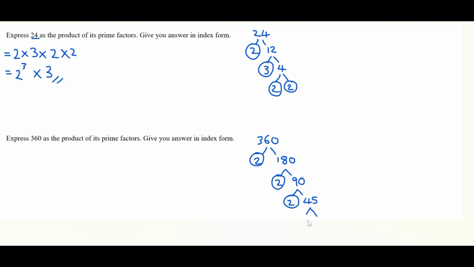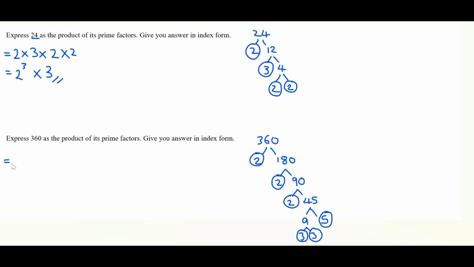For 45, we can do 9 and 5. 5 is a prime number, so we circle. And for 9, we can do 3 multiplied by 3. Both which are prime numbers, so that comes to the end of our factor tree.